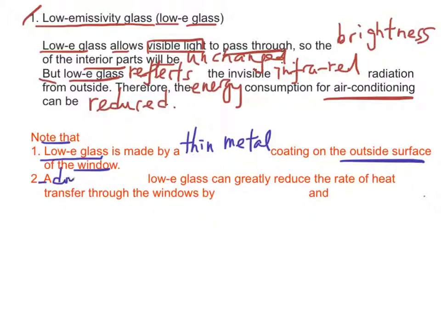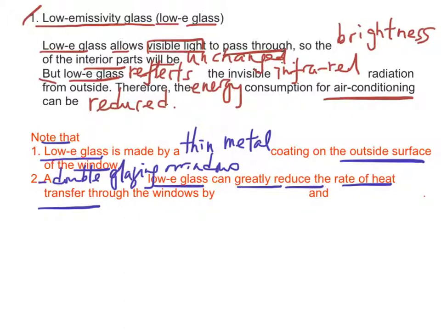Double glazing windows with low E glass can greatly reduce the rate of heat transfer through the windows by conduction and radiation.